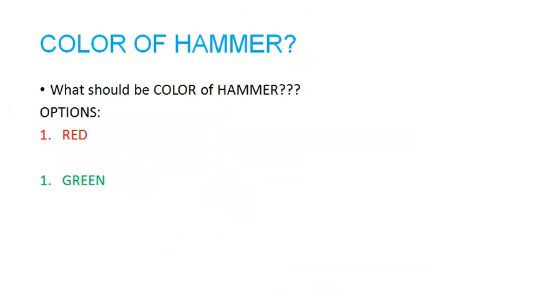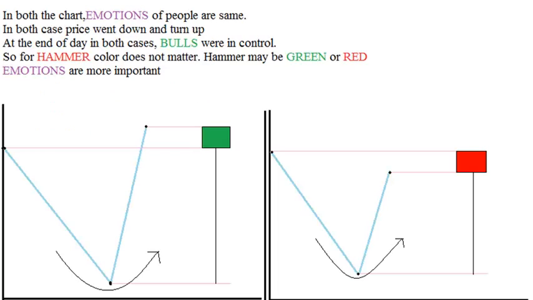Now, what about the color of the hammer? What should be the color of the hammer? There are two options, one is red and one is green. And what I am going to say is that for a hammer, the color is really not that significant. Why is it not significant? Because in the one on the left-hand side where the hammer is green, price went down and went up, and on the right the price went down and went up.